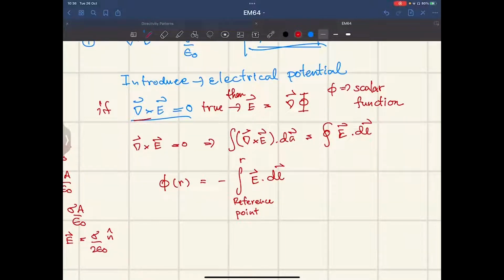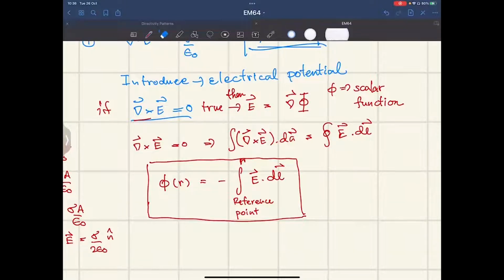And does anyone know how this equation comes from? From what I actually gave you. Can you tell me where it's from?